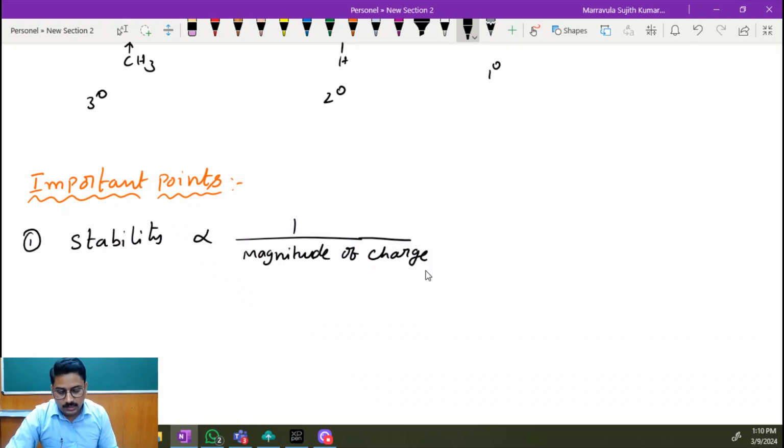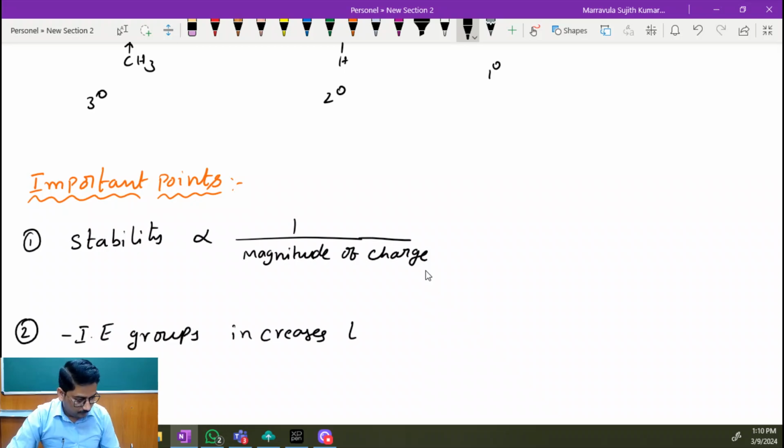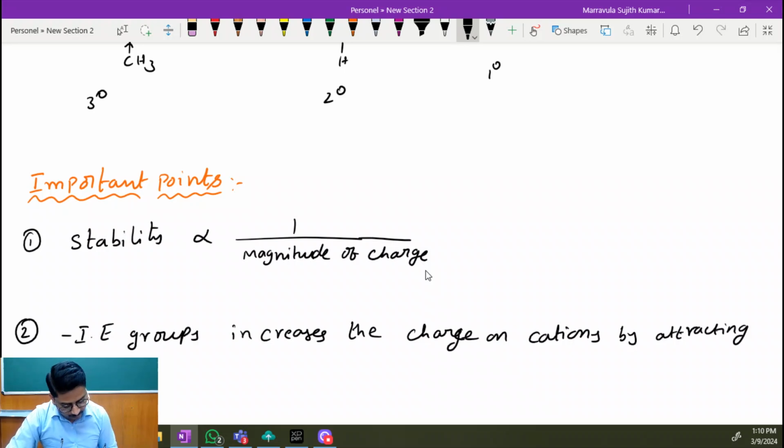The second point is that minus IE groups increase the charge on cations by attracting the electrons.